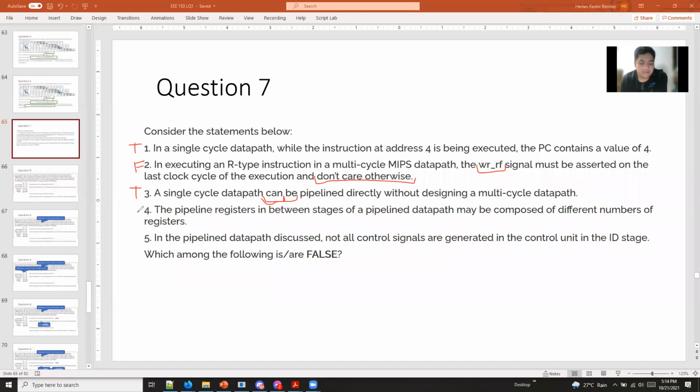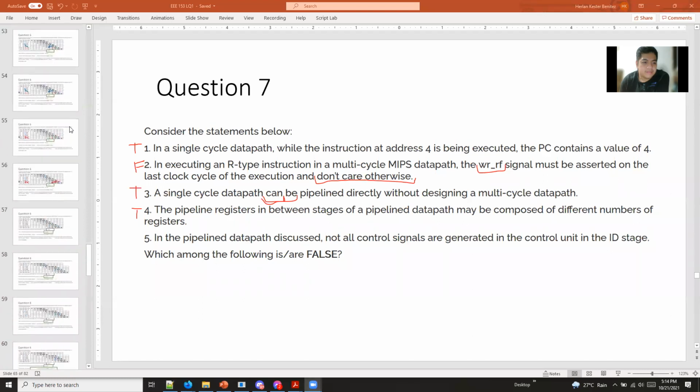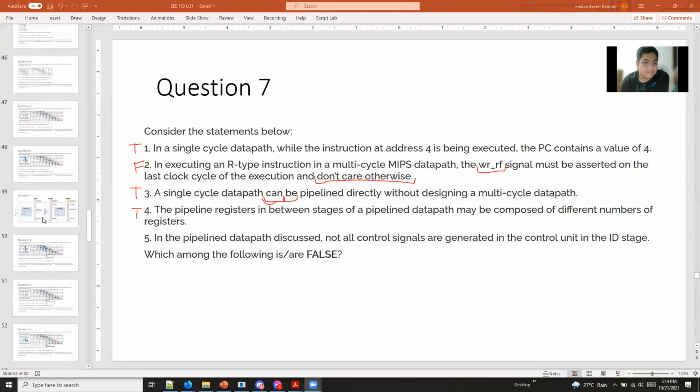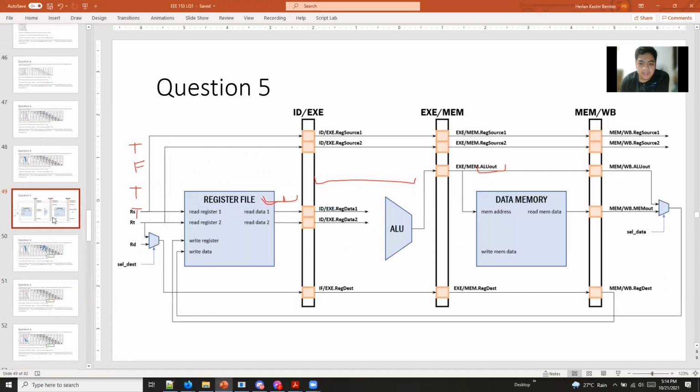Then lastly, in a pipeline data path, not all control signals are generated in the control unit in the instruction decode stage. Dun sa pipeline na data path natin, sa instruction decode, this is here.